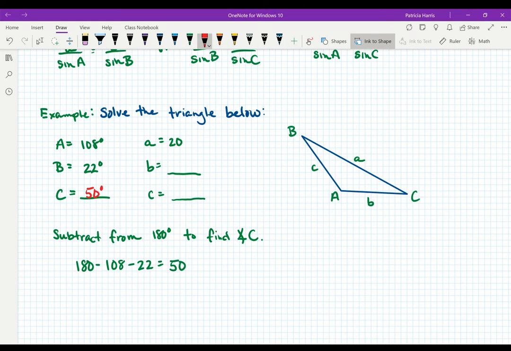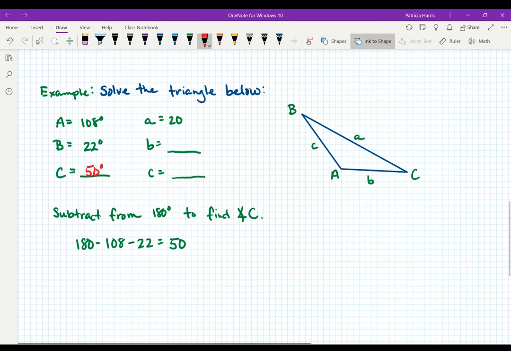Okay, so now to find the sides, we're actually going to have to use the law of sines. Okay, so notice that I know angle A and side A. So that is going to be the one side of the proportion.